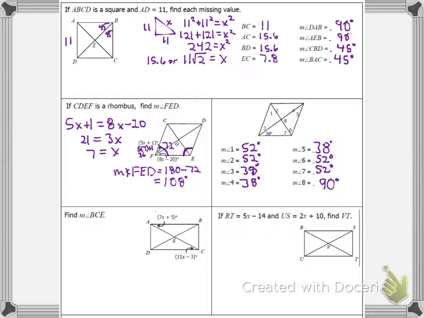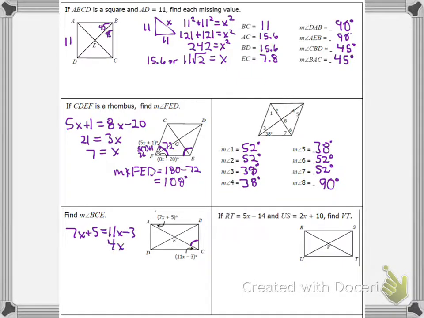For bottom left, we need to find the measure of angle BCE, which is this one. Now I know the two angles that I have expressions for are equivalent because they're alternate interior angles, and then I know that the 11x minus 3 is a complement, or it's complementary to BCE, so I could subtract it from 90 once I find those. So let's go 7x plus 5 equals 11x minus 3.